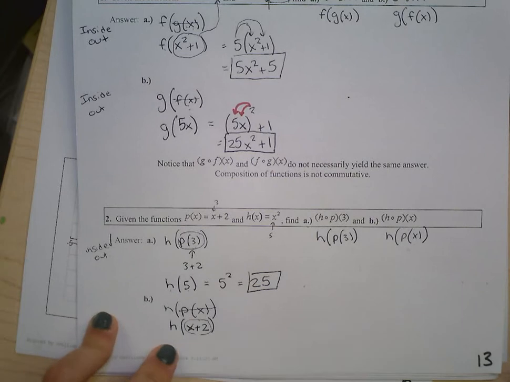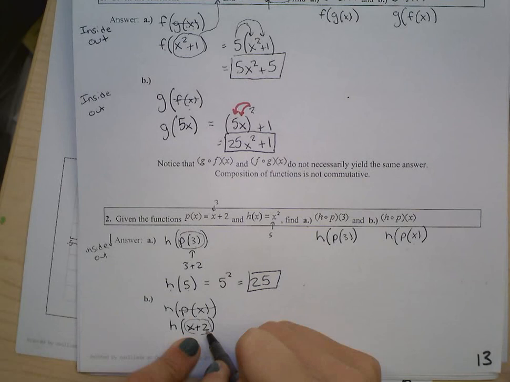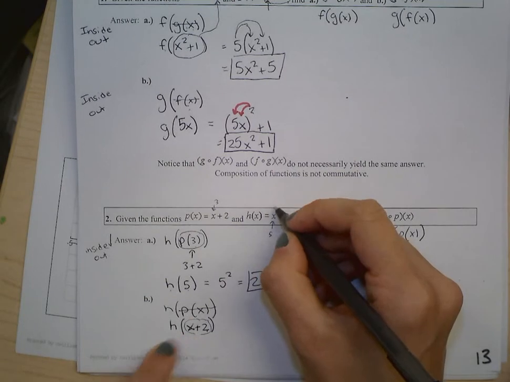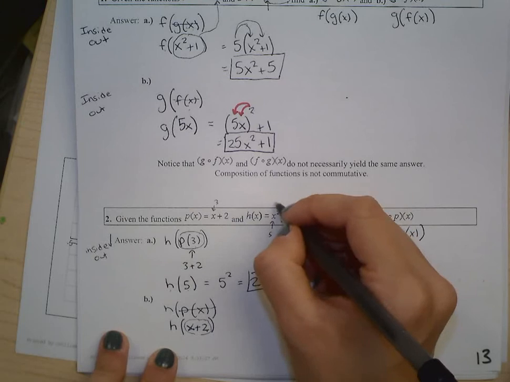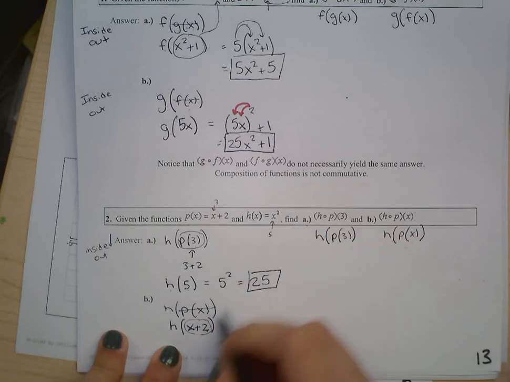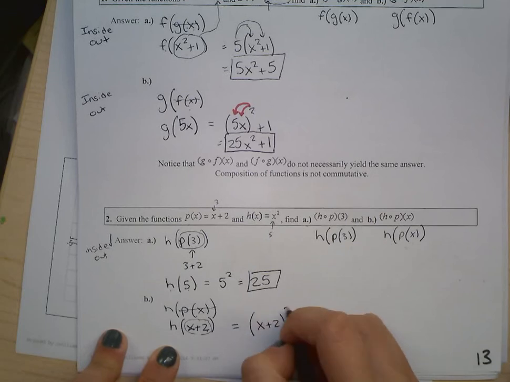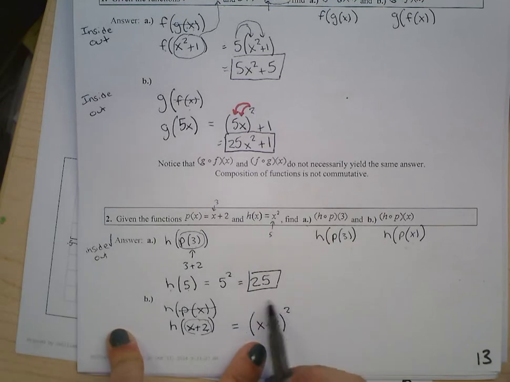Okay, so now this x plus 2, I'm replacing with the x in the h equation. So I'm replacing the x plus 2 for that x. So this is going to equal x plus 2 squared. Don't distribute this 2. Because of this plus sign, whenever we're adding or subtracting, we don't distribute the 2.